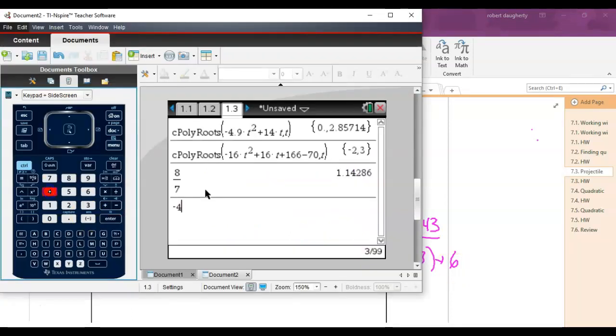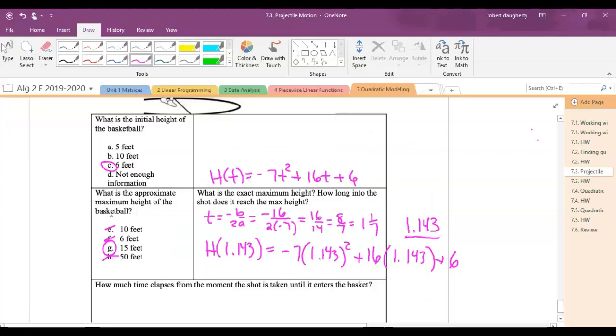So -7 times 143? Was that it? Plus, what was it, 16 times 1.143 plus, what was it, 6? Okay. Equal 19.06. It's what? -7.